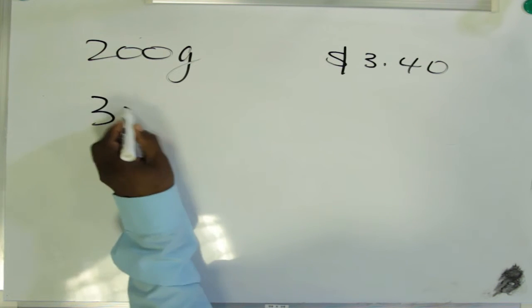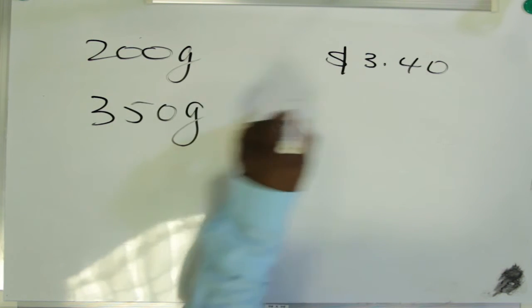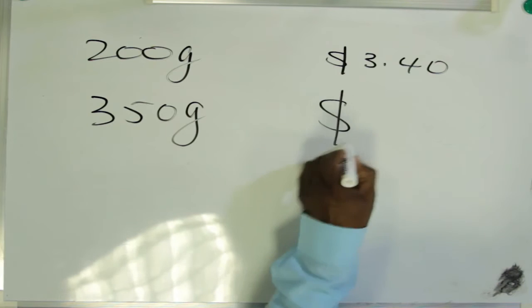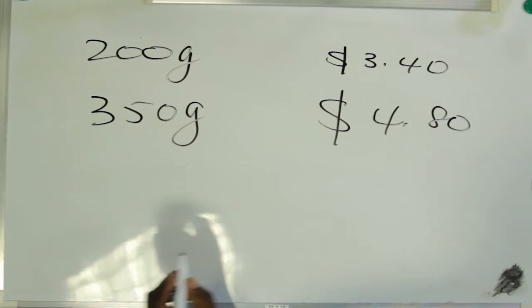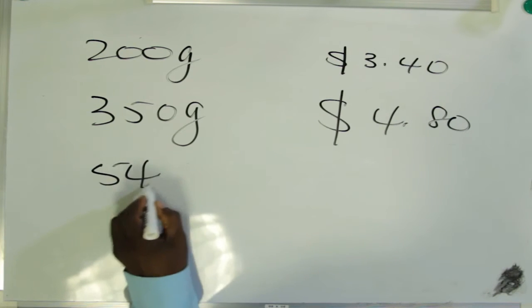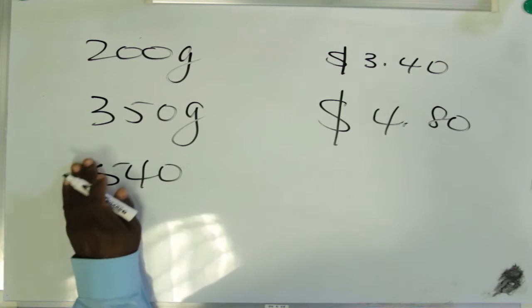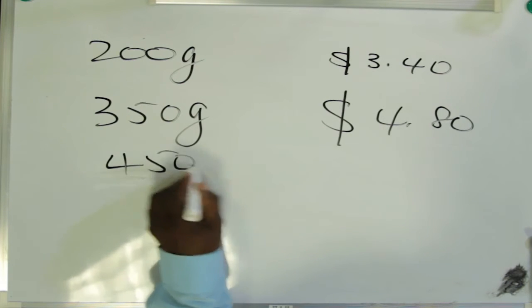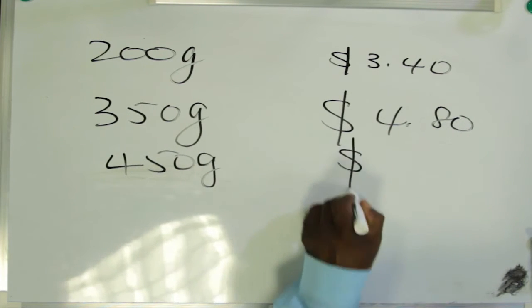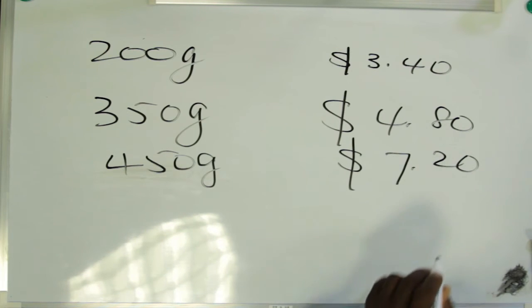A 350 gram tin costs $4.80. And a 450 gram tin costs $7.20.